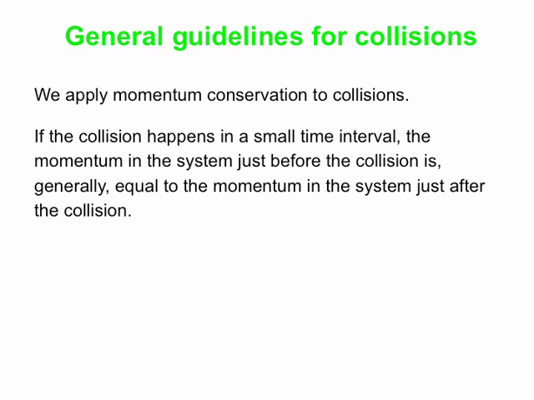And in many cases, there is no net external force, and thus momentum is conserved for the system. In general, what we mean by applying momentum conservation is that the total momentum in the system just before the collision is equal to the total momentum in the system just after the collision.